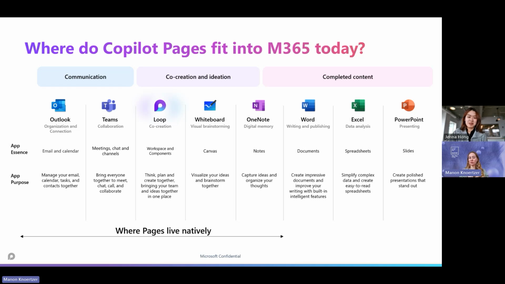And that really begins to create that blurred distinction between applications, right? So for example, if I create a Copilot page, I can natively embed it into an email, into a Teams message, into Loop, of course, but also into Whiteboard, which is a visual brainstorming tool, or into OneNote, which is my note-taking tool. Across all of those, you can embed natively, and the same content will stay fresh in all of those different places.